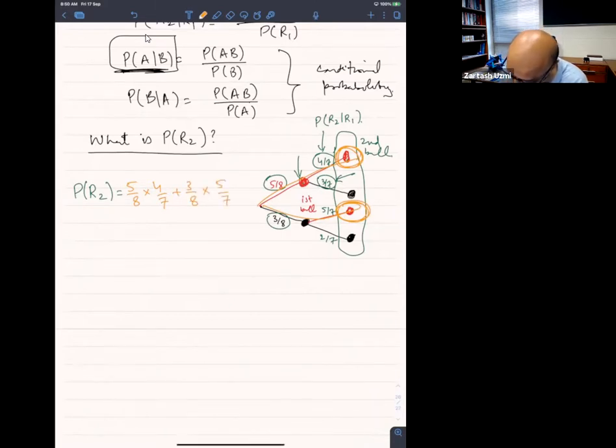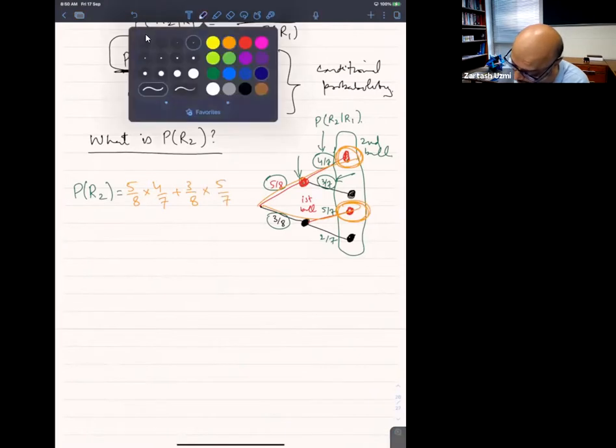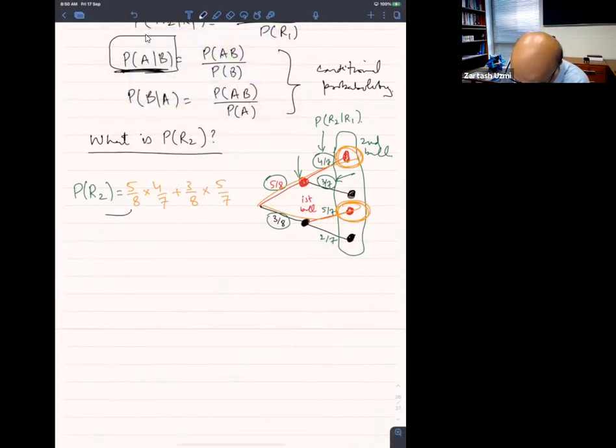I will explain what each of those terms is. ये चारों terms को बताते हैं. ये वाली जो term है 5/8, this is the probability of R1. This 4/7 is the probability of R2 given R1. Okay. R2 given R1. This is the probability, 3/8 is the probability that the first ball is black. Okay. And this is the probability that the second ball is red given that the first ball is black.